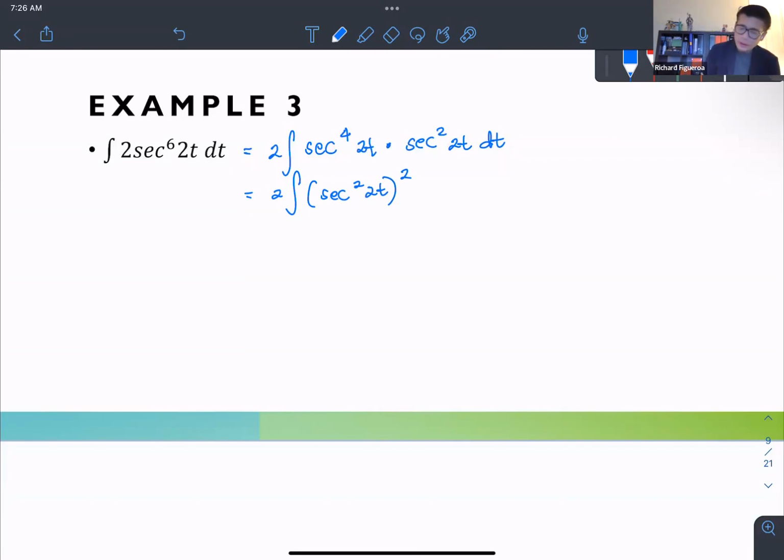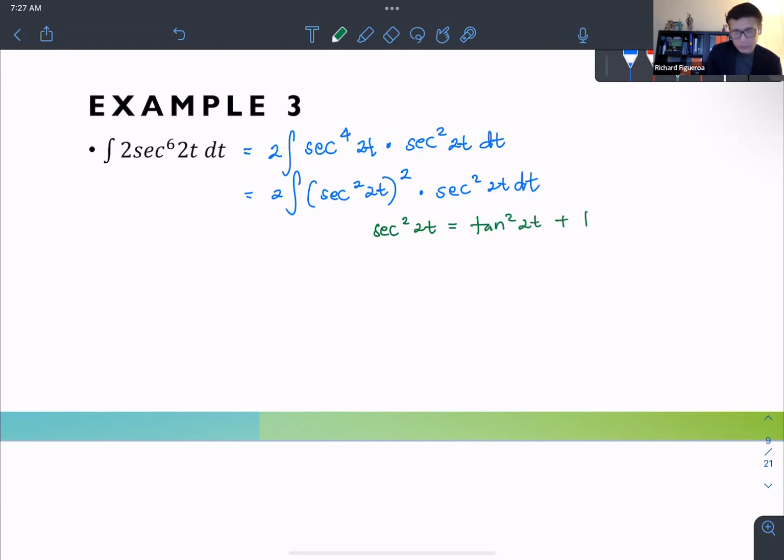Then we retain the secant squared 2t dt. So what is the value of secant squared 2t? Secant squared 2t is the same as tangent squared 2t plus 1. Earlier it was the reverse: tangent squared is secant squared minus 1. So this one is tangent squared 2t plus 1.